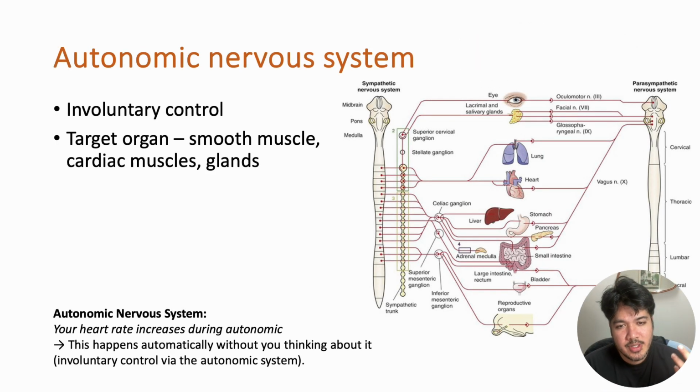The autonomic nervous system is a little bit different in the sense that it's involuntary. Your target organs are not skeletal muscles, but your smooth muscles. Smooth muscles are found in, for example, your gastrointestinal tract, cardiac muscles, and glandular organs like your lacrimal glands and your salivary glands as well. Autonomic means it happens by itself, so it's not under voluntary control.